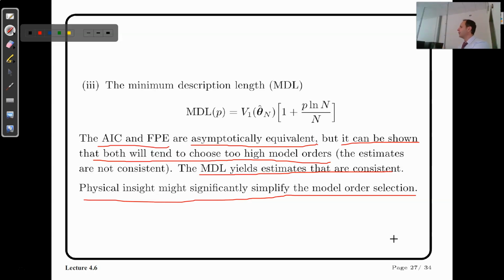So you know from the theory that in the DC motor only the electrical part has 2 poles, and the mechanical part can have 1 or 2 poles, so the order of your process can be 3 or 4. So this is the physical insight.